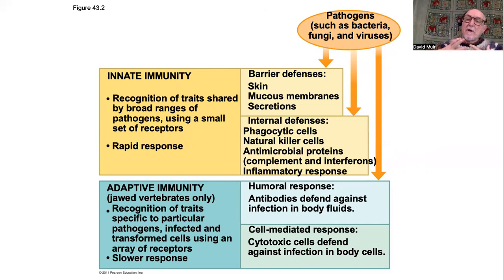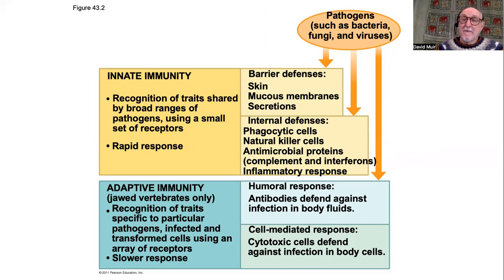If a pathogen makes its way across these barriers and enters the tissues or enters the body fluids, then there are a set of responses that are part of the innate immune system. The first thing that happens is that the presence of those pathogens is recognized by phagocytic cells.